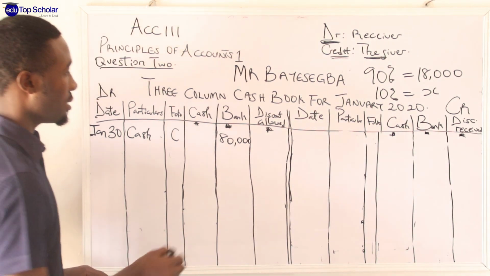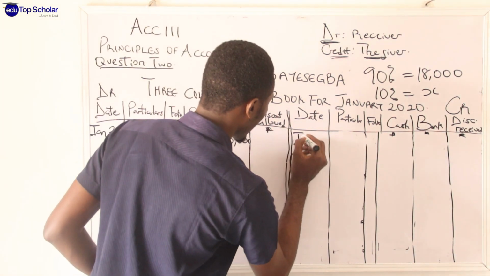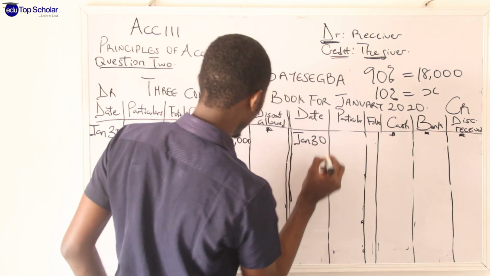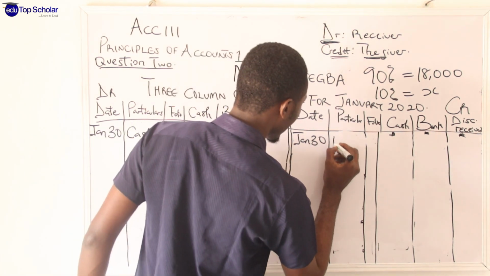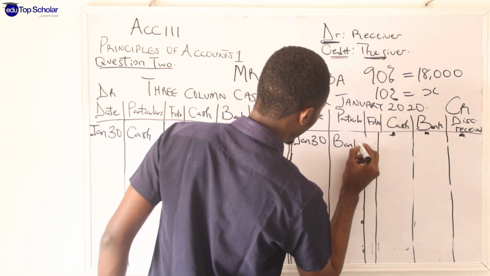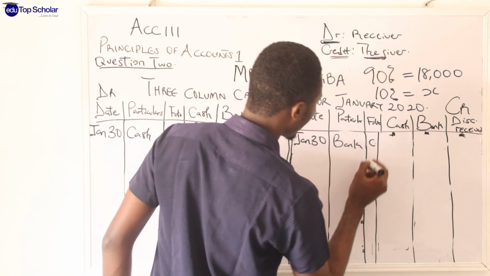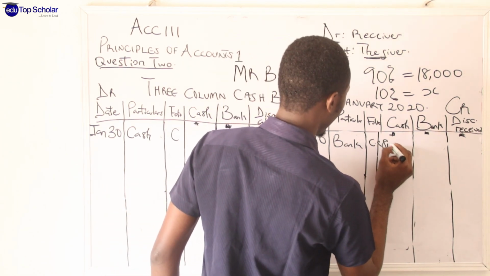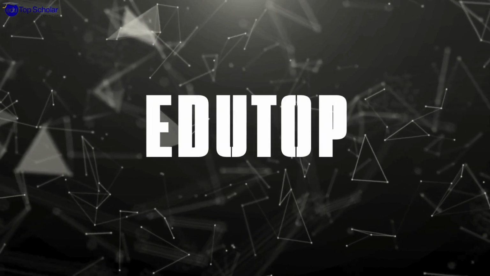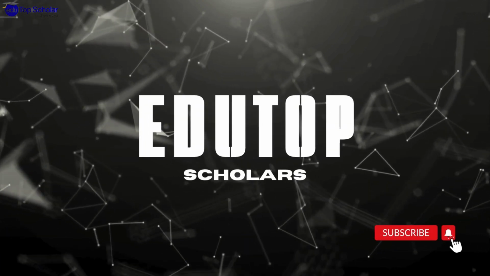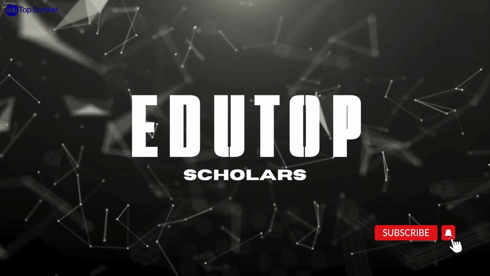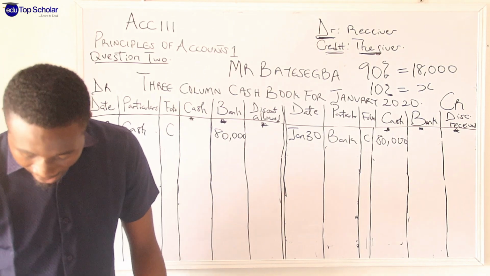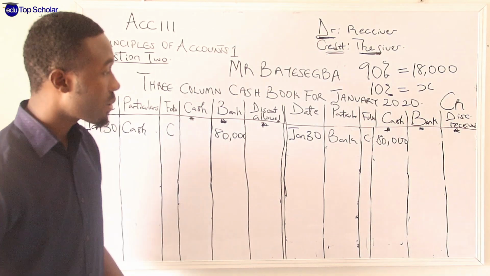The next is on the credit side, January 30 also, because we have written cash on that side. Here it will be recorded as bank, contra entry, and under cash as 80,000 naira. On January 30, it said paid salaries by cash, 5,000 naira.